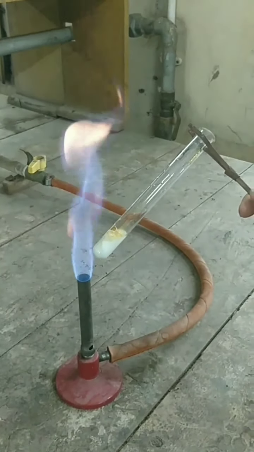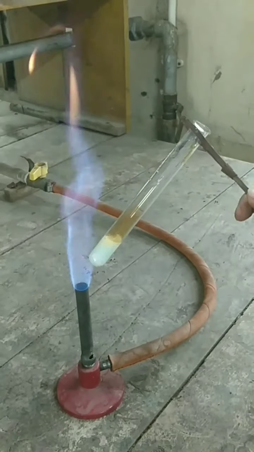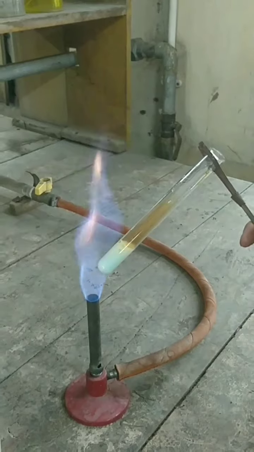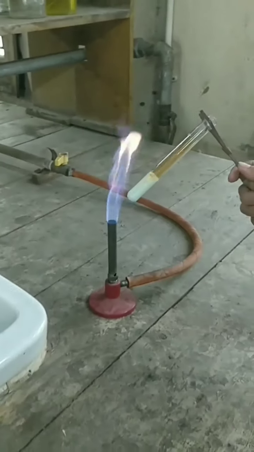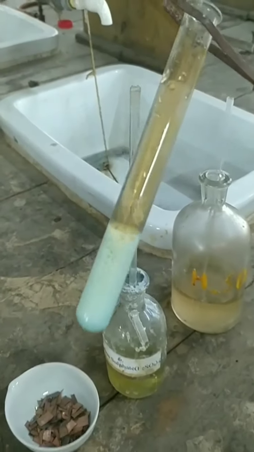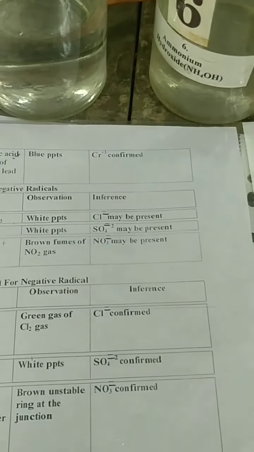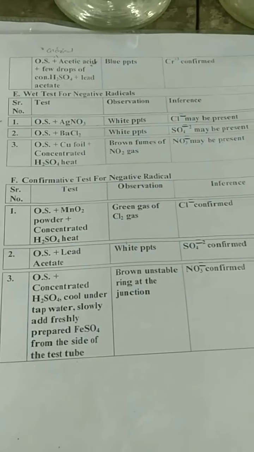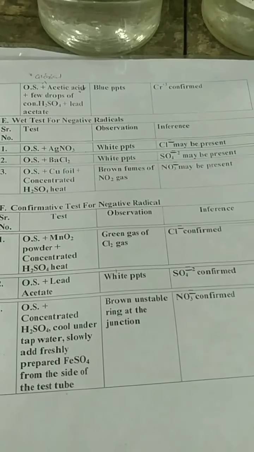You can see the evolution of brown fumes. This is of NO2. So in the observation you will write brown fumes of NO2 gas, and the inference you will write NO3 minus may be present.